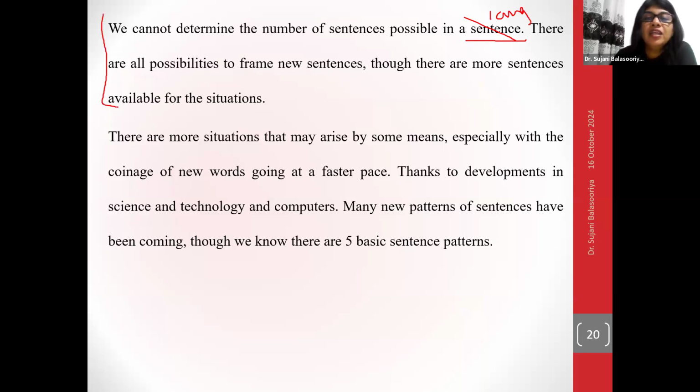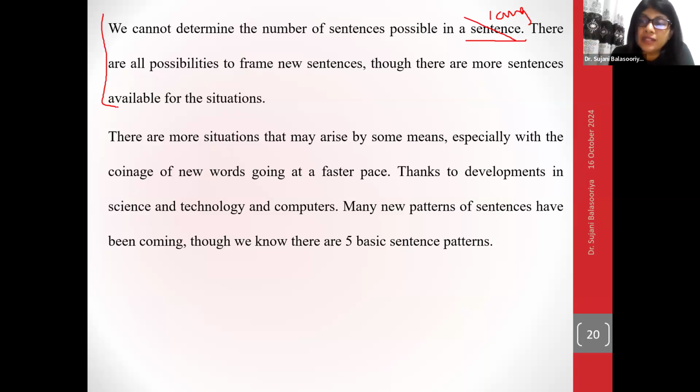When you read this part, you should remember one property of language. When you are paying attention to the characteristics or properties of any language, among them we have one which is called productivity or creativity. Productivity of language means we can produce an endless number of utterances or even sentences in a language using limited resources like vocabulary, grammar rules, sentence patterns.